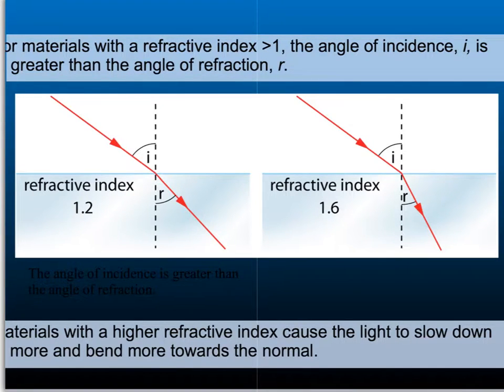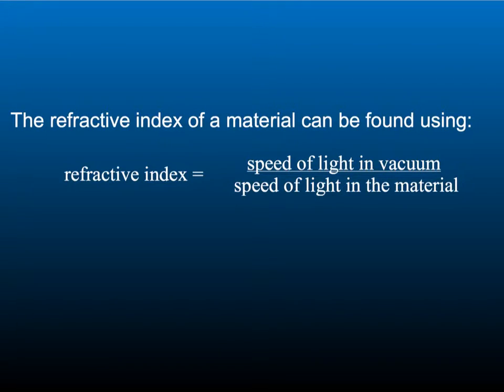In the diagram, the one with the refractive index of 1.6 bends the light more towards the normal, so it has a smaller angle of refraction. The refractive index of a material can be found using this equation.